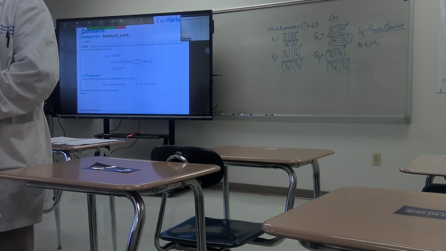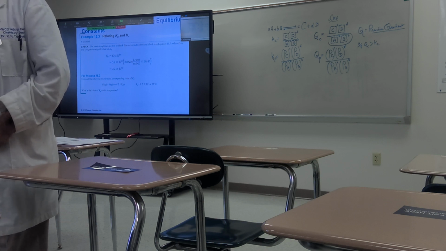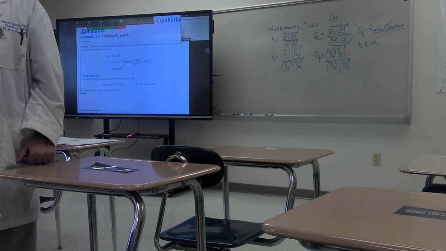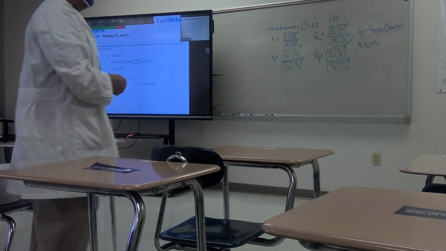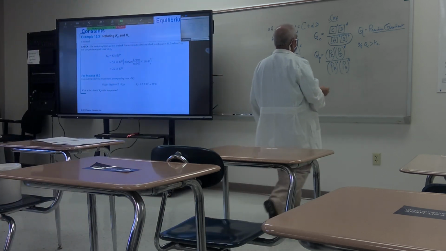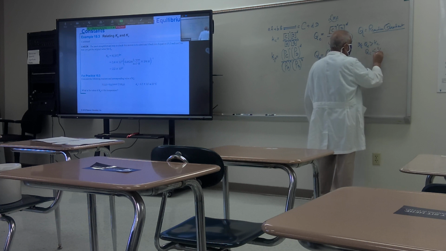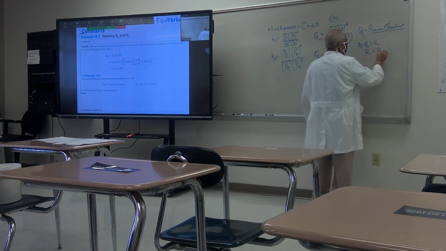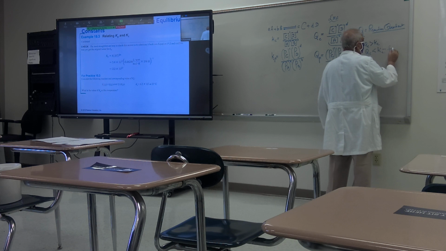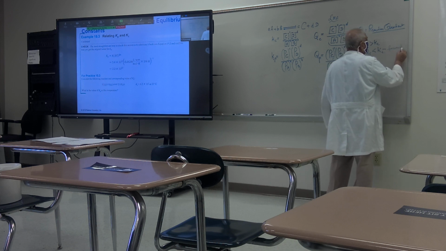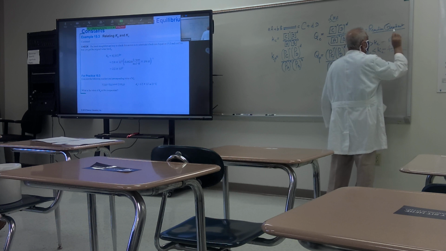Suppose the Qc is less than Kc, then you will have more products, isn't it? Right? So if Qc is less than Kc, then the forward reaction is more predominant, and this is the reverse reaction.